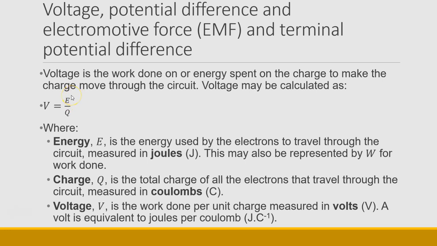Recall that a volt is measured as the energy for every unit of charge. So it is actually a joule per coulomb. However, we don't call it a joule per coulomb, even though that is not wrong. We call it a volt.